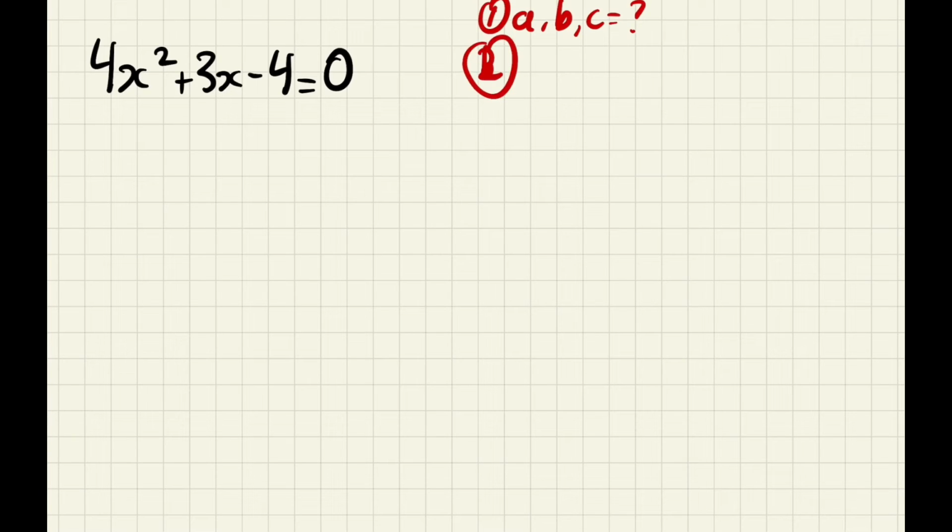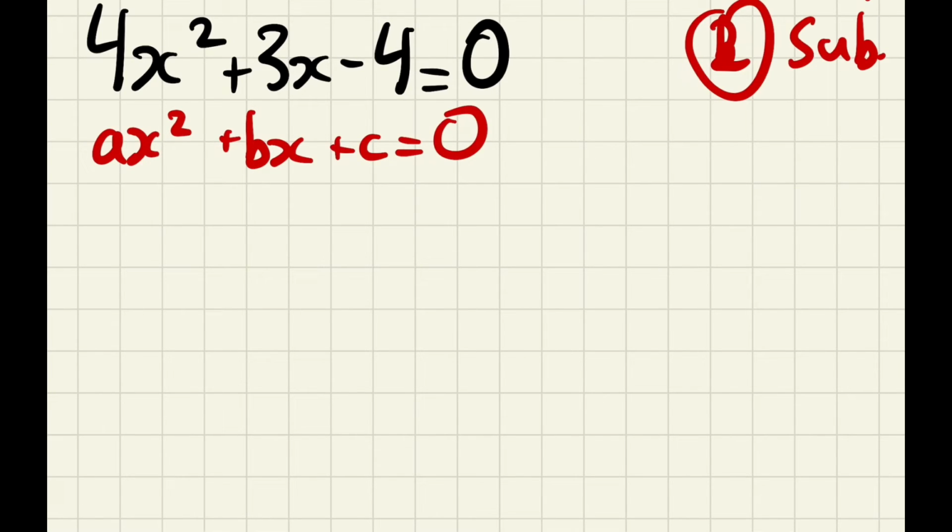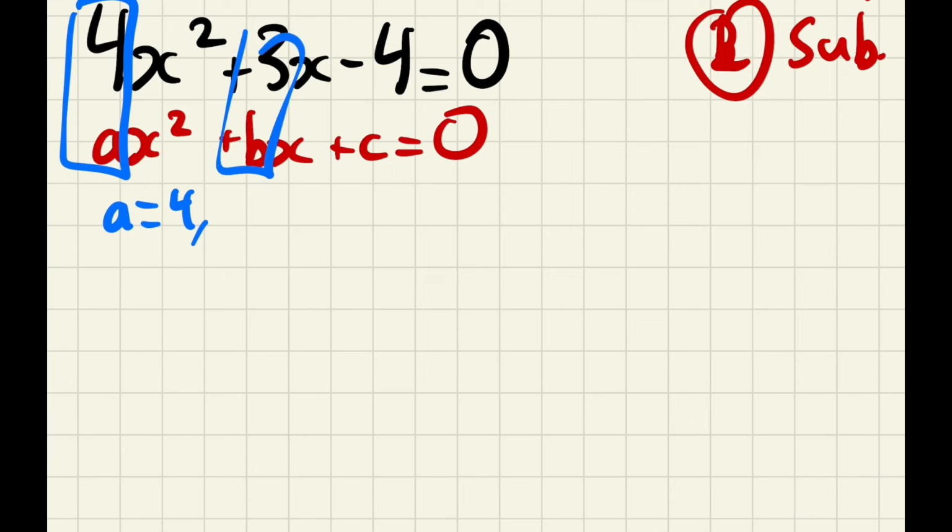And then second step, we're going to substitute and solve using our quadratic formula. So looking at this, we have ax squared plus bx plus c is equal to 0. Once again, always helpful to write our template equation underneath. Just matching up the terms, we can see that a is going to be equal to 4, b is going to be equal to 3, and c is going to be equal to minus 4.